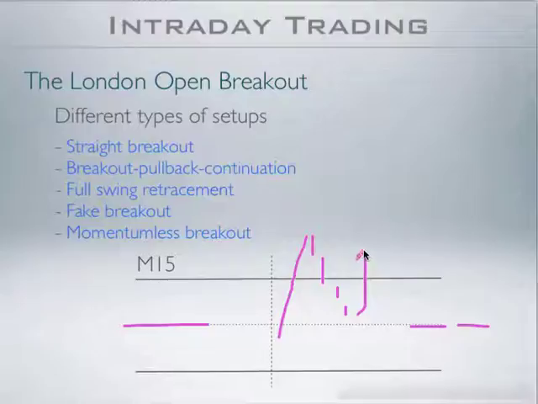You can continue searching for trades in the direction of the original breakout. Once price breaches through that midband of the Tokyo range, that 50% band, then we would not be looking for a breakout pullback continuation pattern, but we would actually be looking at a fake breakout.